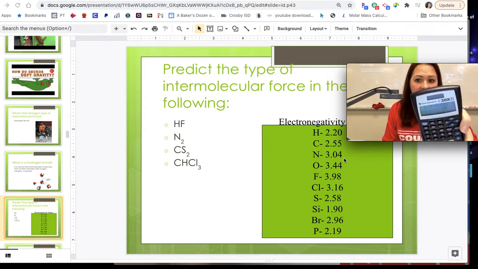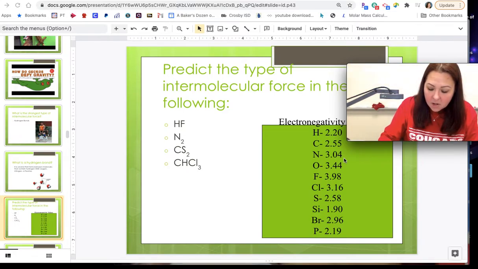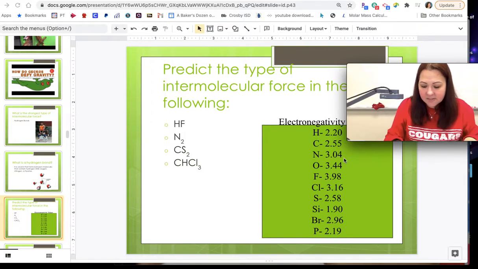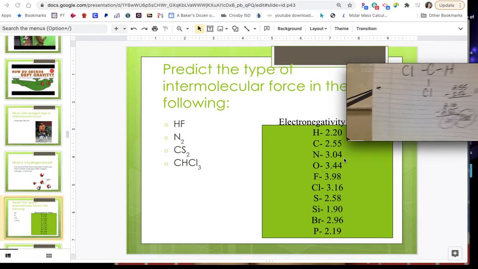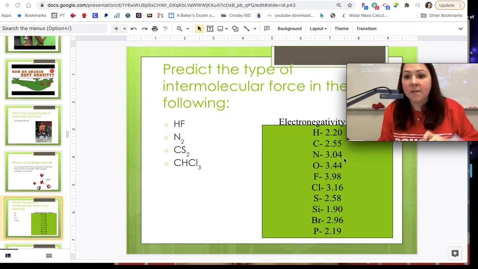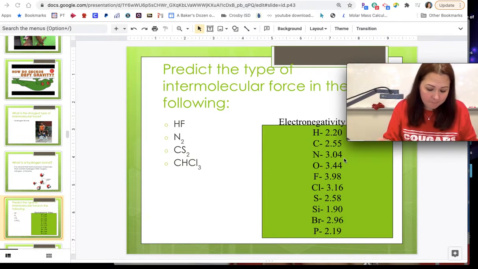On that one, I get an answer of 0.61. So that one makes it polar. Because I have something that is polar, the entire thing becomes polar. So that molecule is a dipole-dipole intermolecular force. Dipole-dipole is my answer because it is polar.